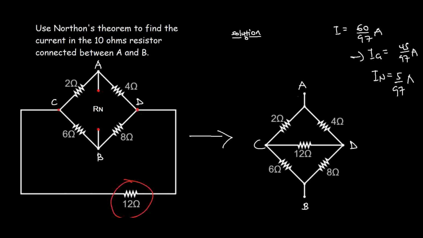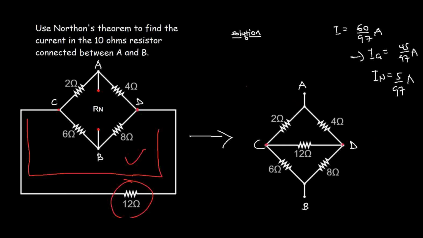That's what I did on the right hand side here. I simply connected it in between C and D, because those are the nodes that it is connected to. So it is the same circuit that I have here on the left that I've transformed to what I have here on the right.